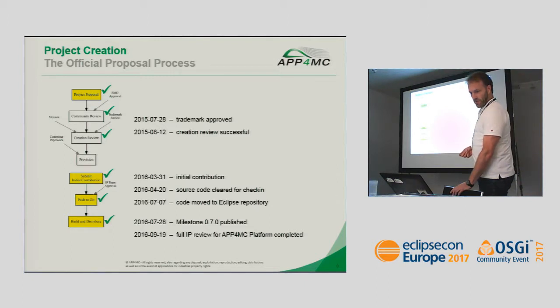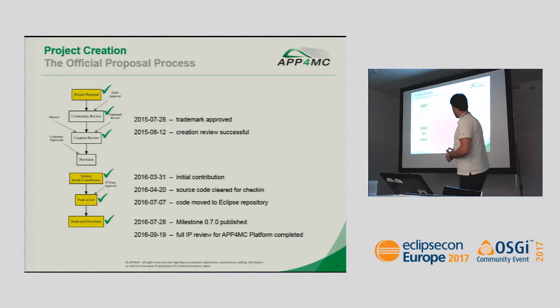To show you what it means to start a project, I showed the timeline here. Typically you start with a project proposal. You then have this community review phase for a few weeks. And if it is approved, then you are allowed to do the paperwork, as they call it.